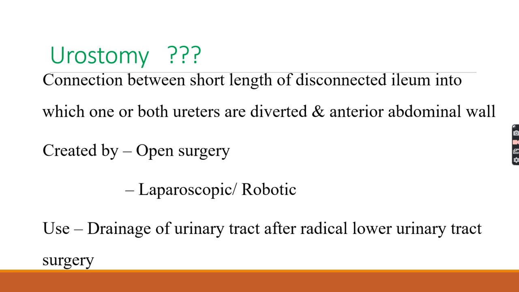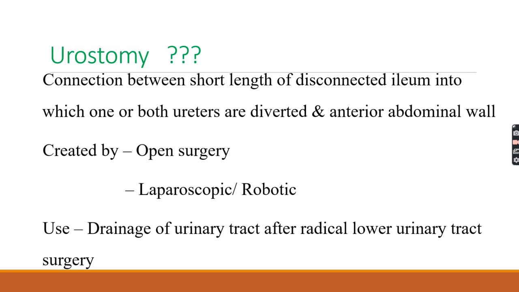And the final one is the urostomy. Urostomy is a procedure where there is a connection between a short length of disconnected ileum, into which one or both ureters we have diverted, and we have joined this disconnected ileum opening with the anterior abdominal wall. This is known as urostomy.